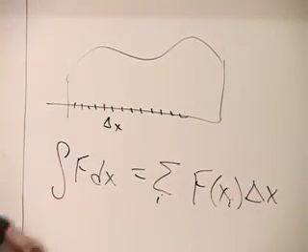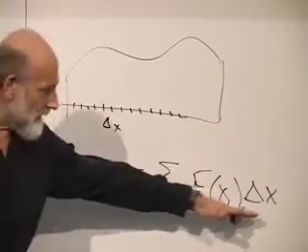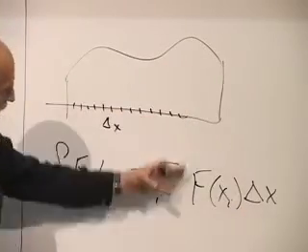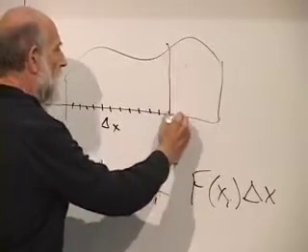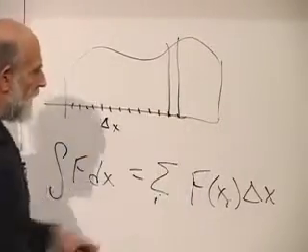That dx really means delta x. And, of course, f of x times delta x is just the area under that. Height f with width delta x.